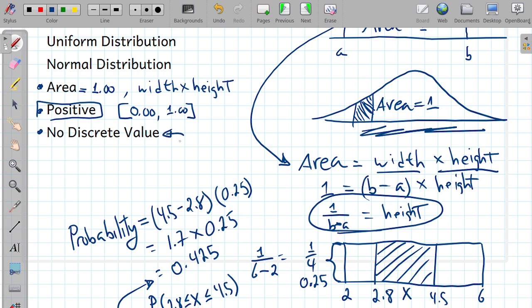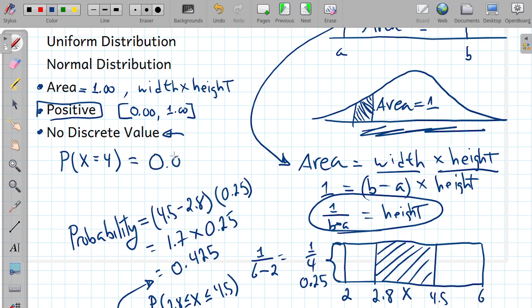Well, I should have worded this a little differently, but what I'm saying is, and this applies to the uniform and the normal distribution, let's say, what's the probability that x is equal to 4 exactly? 4.00. Well, this is always going to be 0.